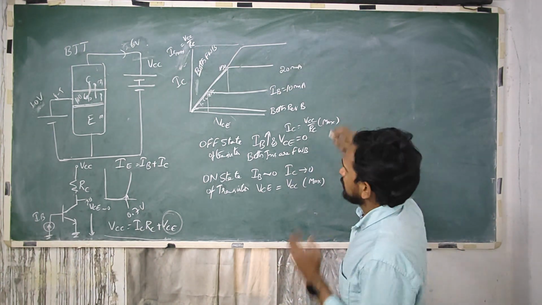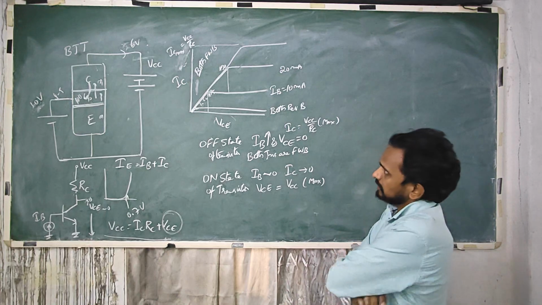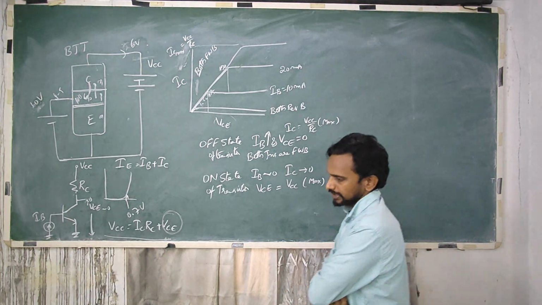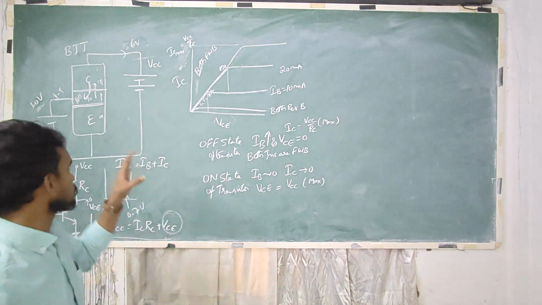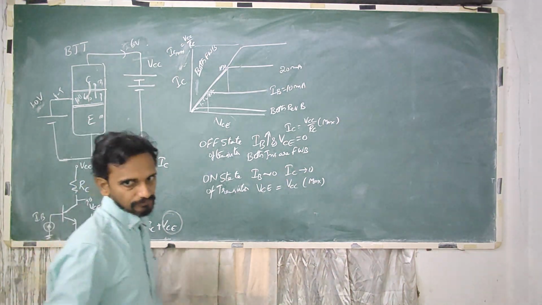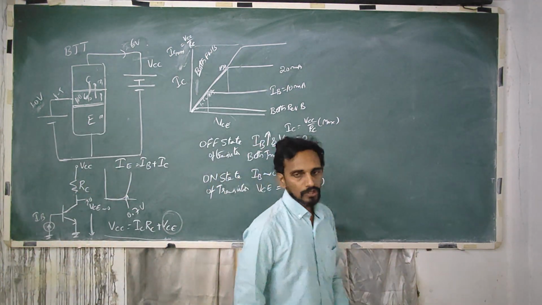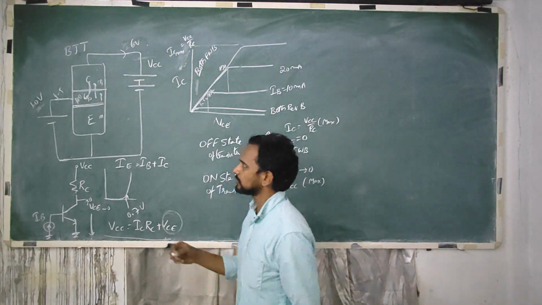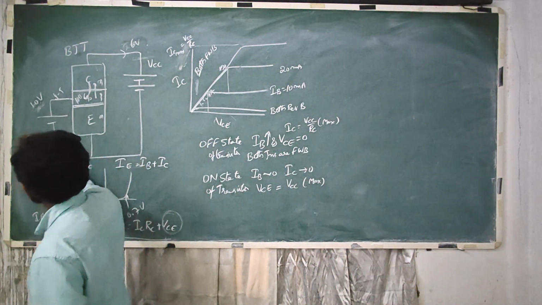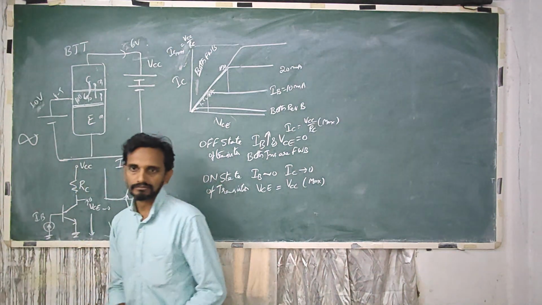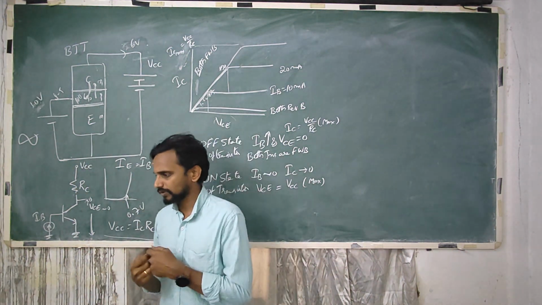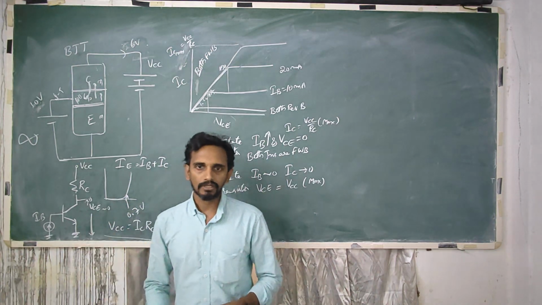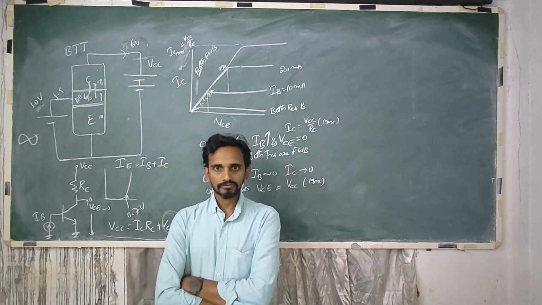Okay, and next comes the small signal analysis for a transistor. What happens if I give a small signal at the input? Now I am trying to amplify a signal, some voice message converted to an electric signal. I am connecting a microphone.